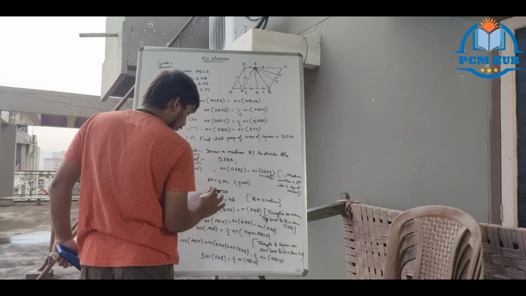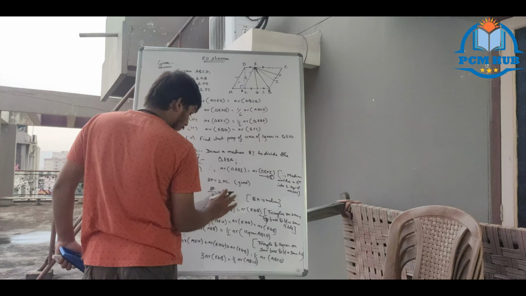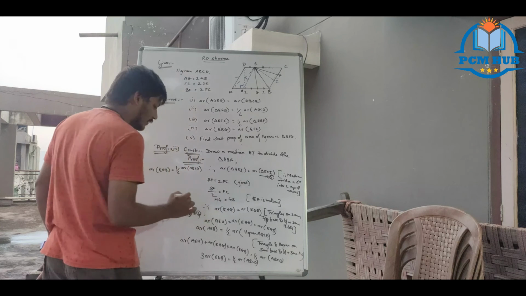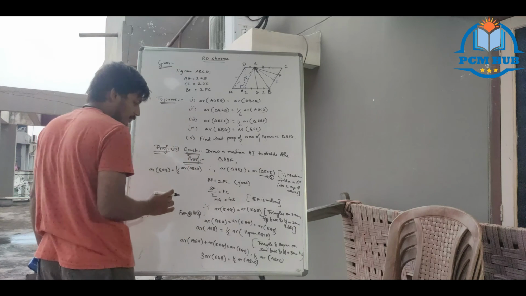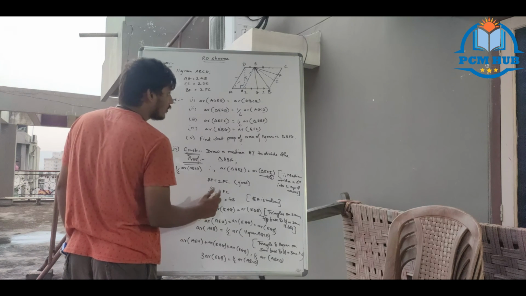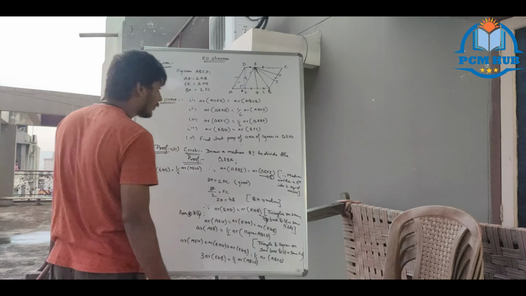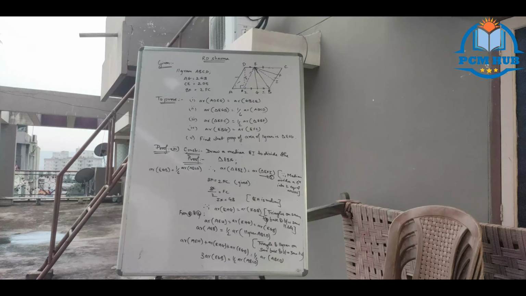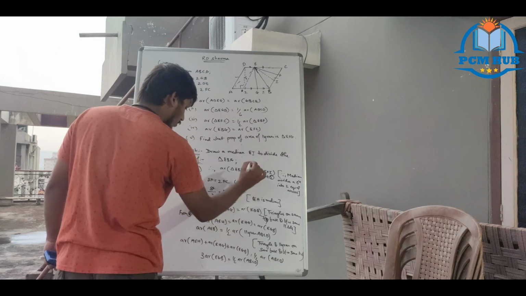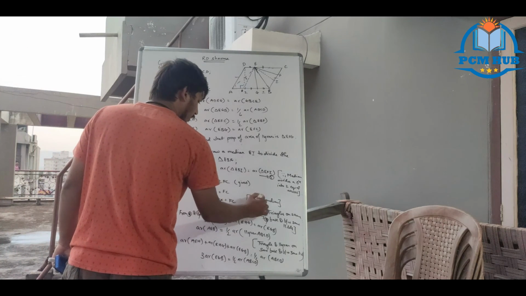So BF by 2. Same proof, writing again, that's it. Length is becoming big because you have to write again. BF by 2 is how much? IF. IF equal to FC, because EI is the median.